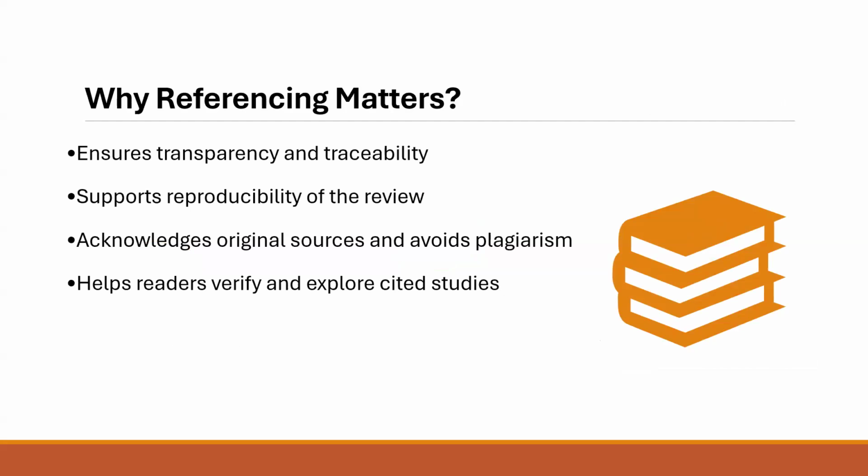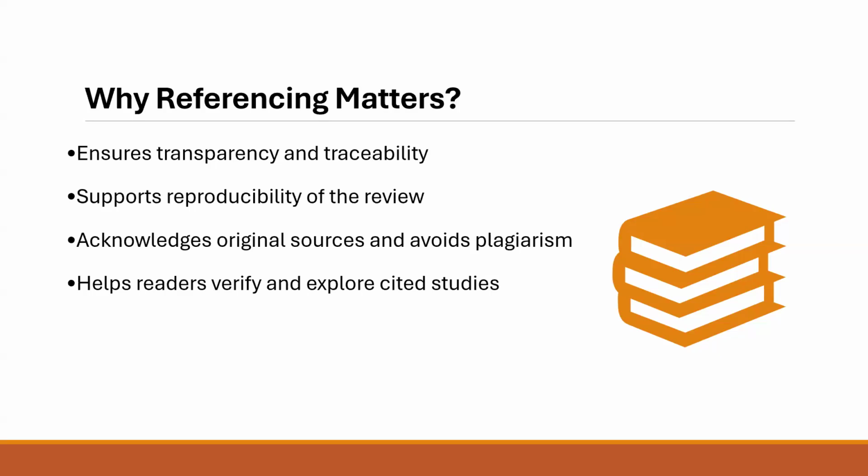Now we will see why referencing matters. Is it a big area of concern, or is it okay if I miss any of the references in my systematic review? Referencing ensures transparency and traceability. Transparency is that you cite the work of the particular author whose idea you have taken or utilized in your systematic review.